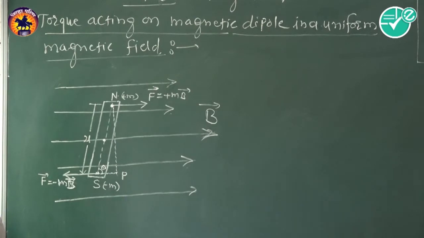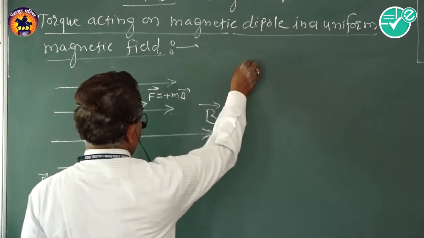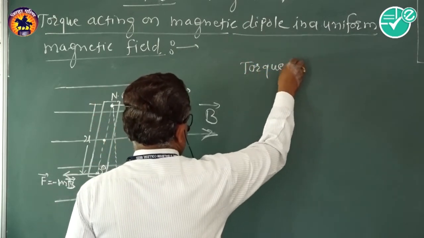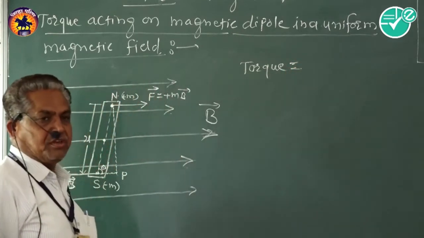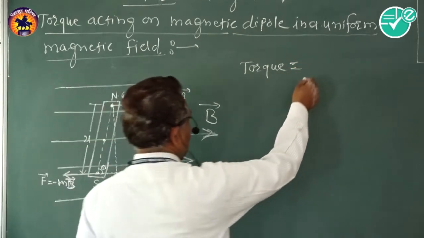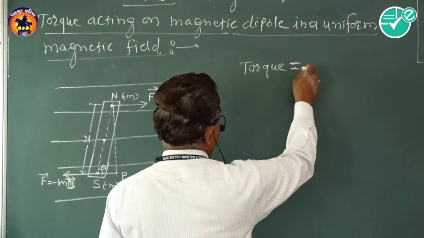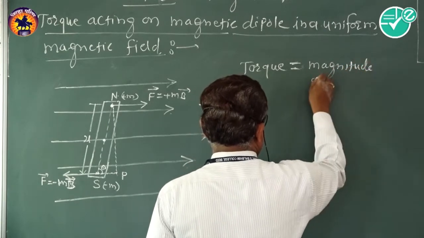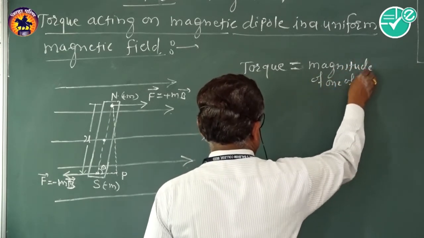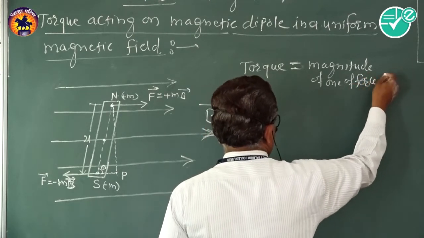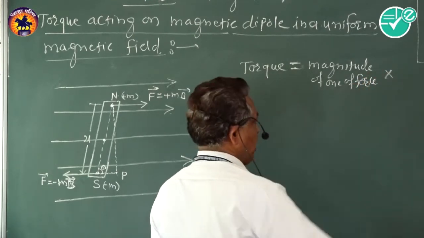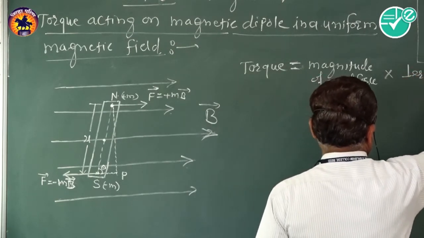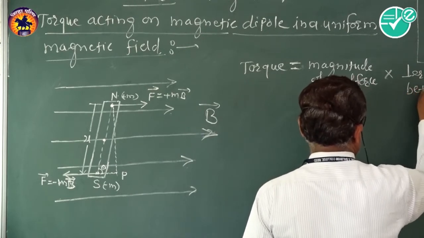Now the torque or couple acting on the magnet is given by the magnitude of one of the forces into the perpendicular distance between the two forces.